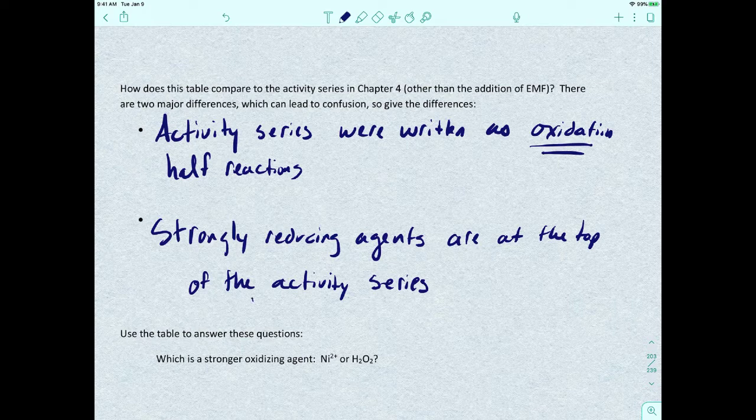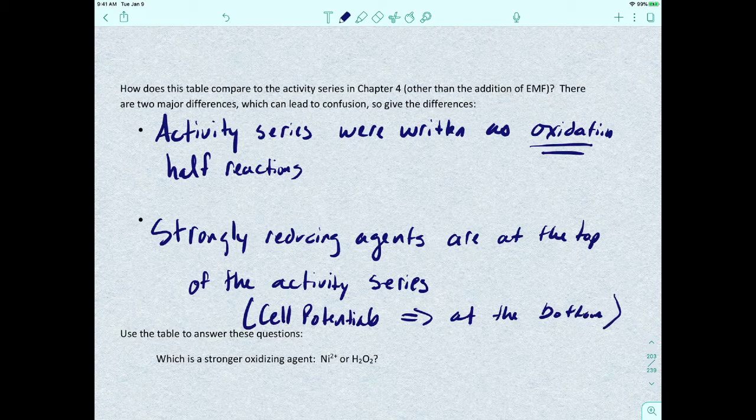And in the cell potential chart, they're at the bottom. Okay. So, that being said, we can use this table to answer the following questions.